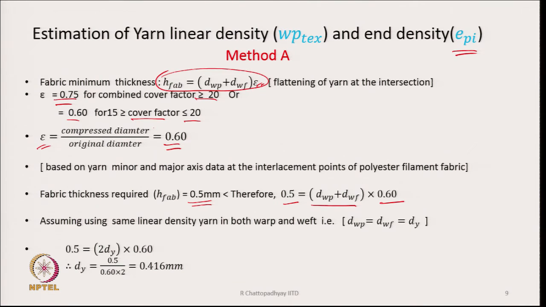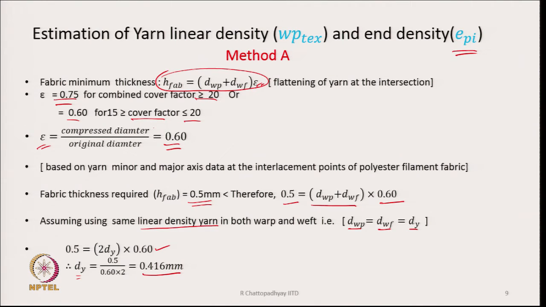If we assume that yarns are of the same linear density, that is we are using the same count of yarn in both warp and weft, then diameter of warp yarn and diameter of weft yarn are exactly the same, that is let us say diameter of yarn dy, and therefore, we will write that 0.5 is 2 dy into 0.6 and hence diameter of yarn is 0.416 millimeter.